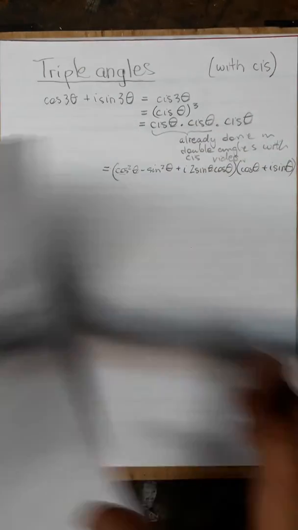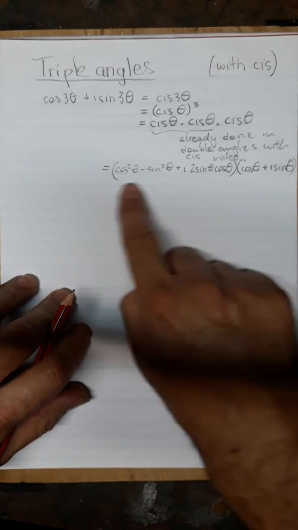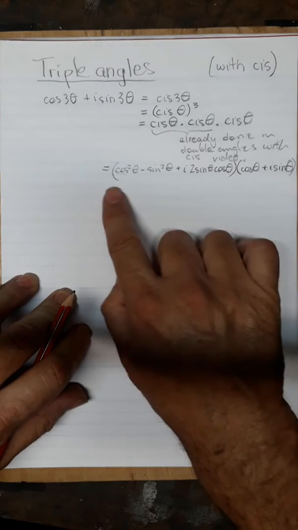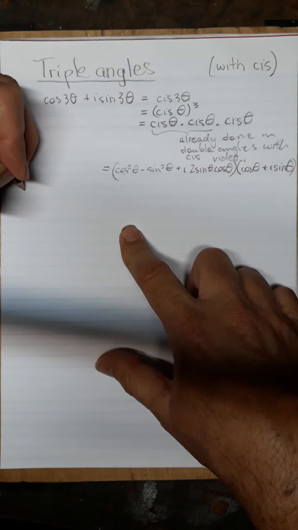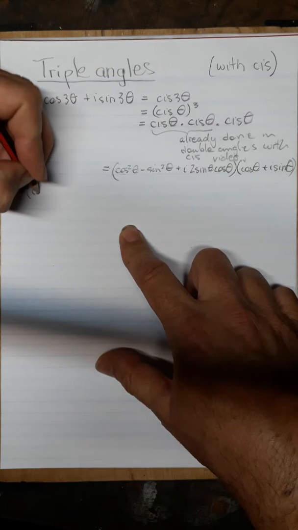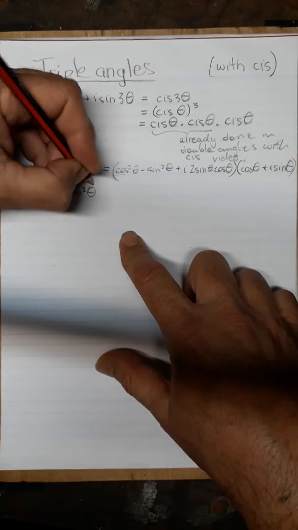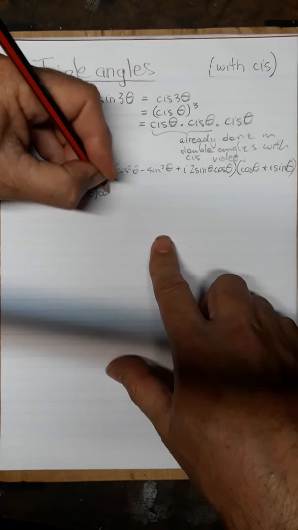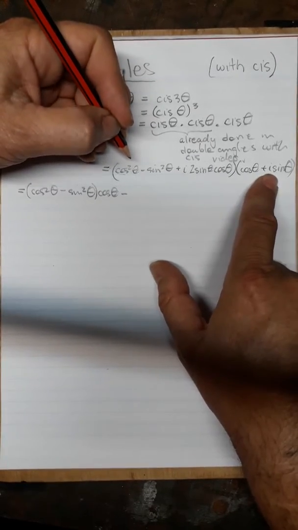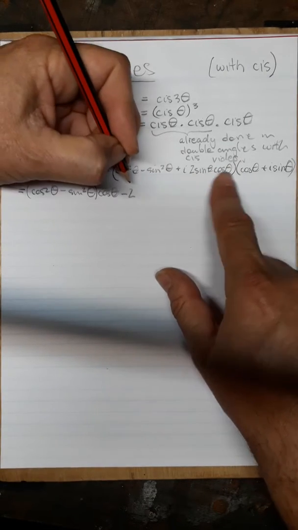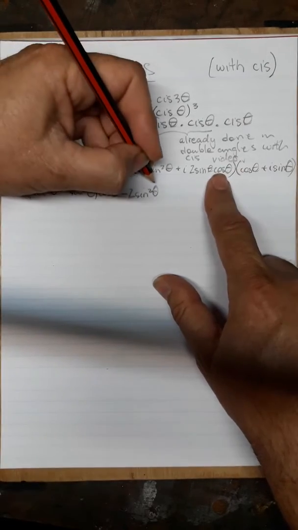Now we'll expand this out, keeping the real parts together and the imaginary parts together. So we'll get cos squared theta minus sine squared theta times cos theta, minus, because we have i squared, 2 sine squared theta cos theta.